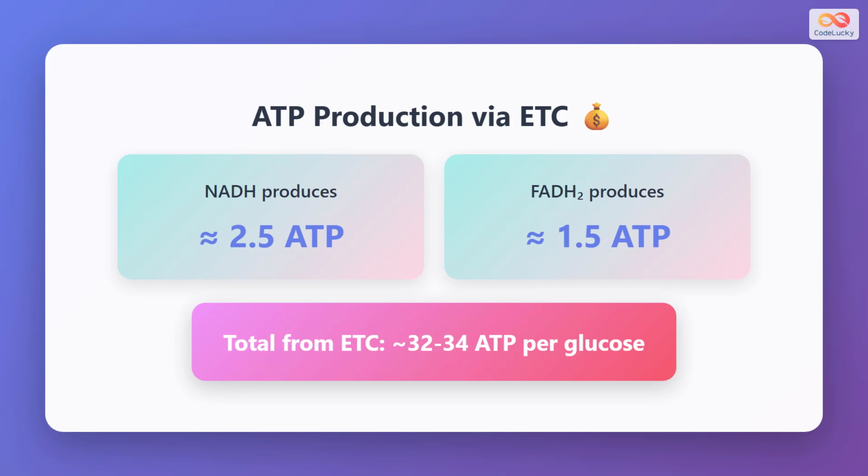When you do the math, the electron transport chain produces approximately 32 to 34 ATP molecules per glucose. This is vastly more efficient than the 2 ATP from glycolysis or the 2 ATP from the Krebs cycle, making the ETC the primary ATP generator in aerobic respiration.